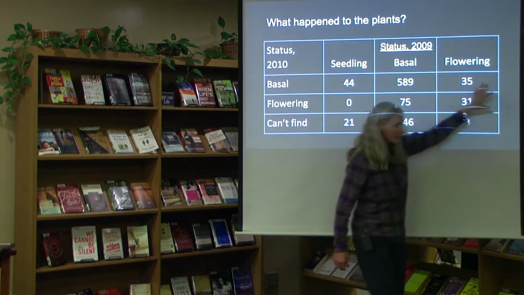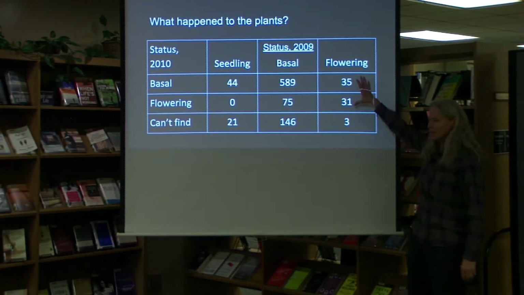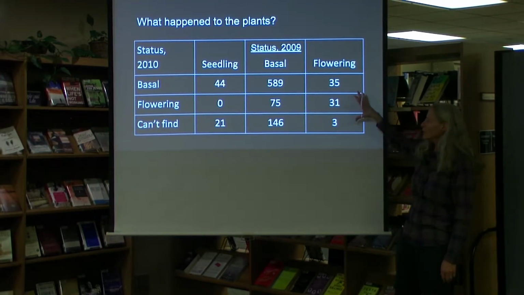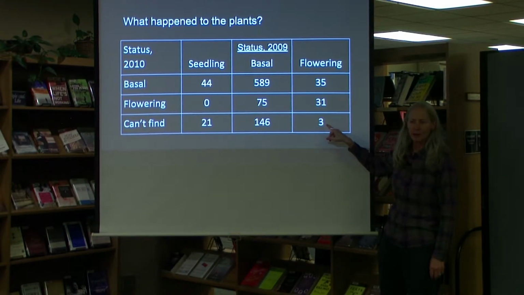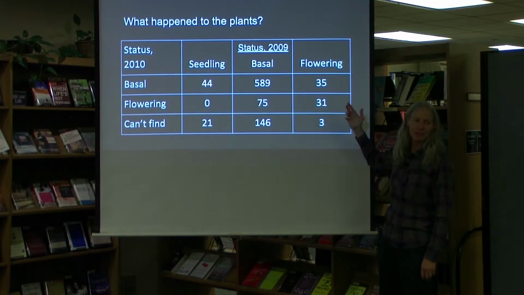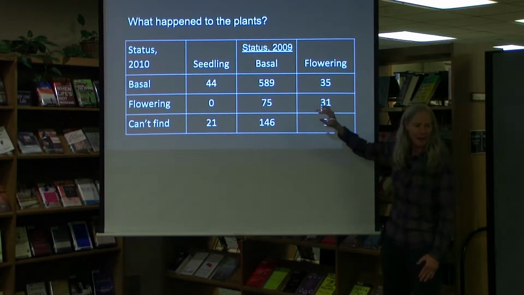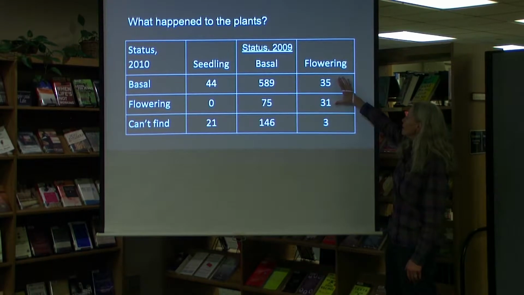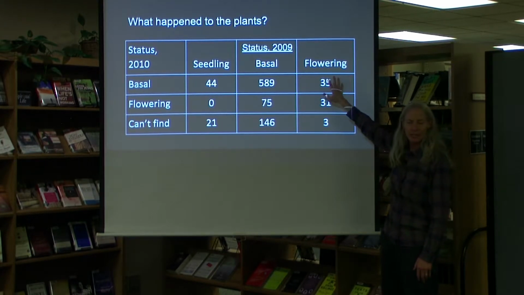Out of the 69 flowering plants, only about 3 we couldn't find. One got covered in a gopher mound, and a couple of them died, we think. Or maybe we just couldn't find them. Almost half of them flowered again, but some weren't flowering the next year, though they were alive.